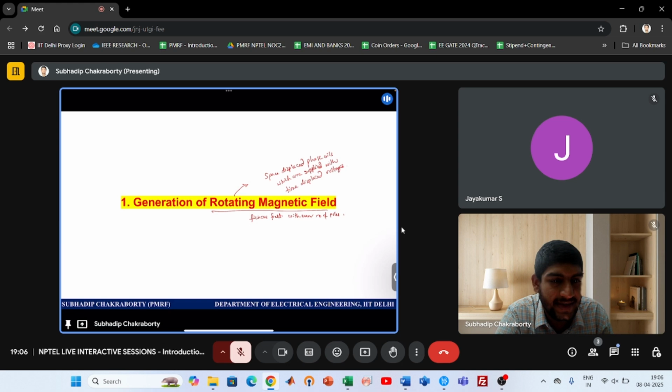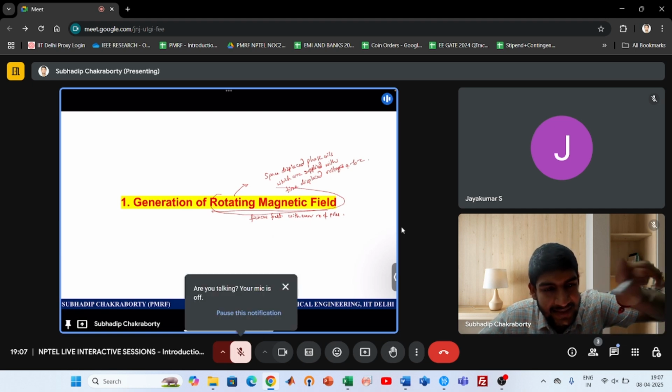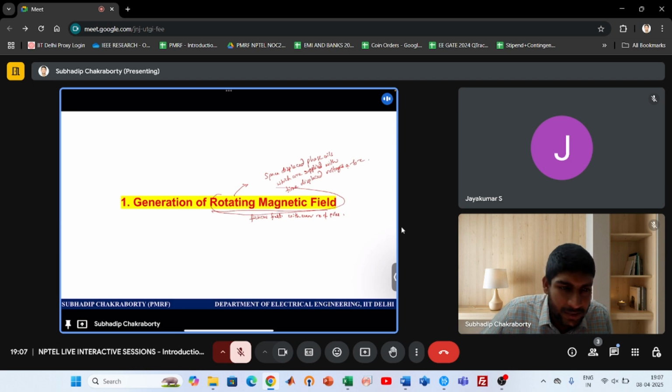These time displaced voltages, that means A, B, C, create time displaced MMFs, which in space rotate at a synchronous speed. The time displaced currents create MMFs which add up to form the rotating magnetic field in actual space. That is, if you sit on the stator and observe, you will see a fictitious magnet rotating and cutting the conductors. Up to this, the construction is the same. So that is how you generate the rotating magnetic field.